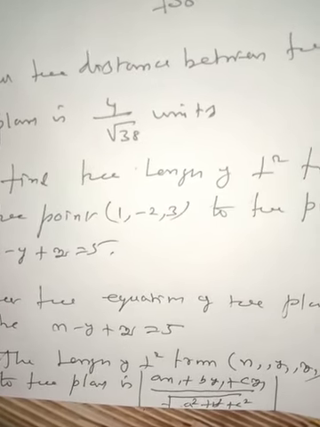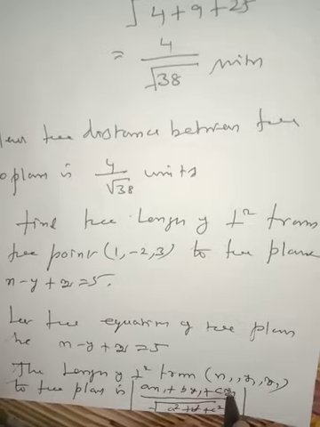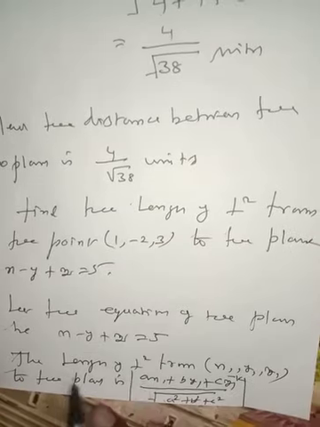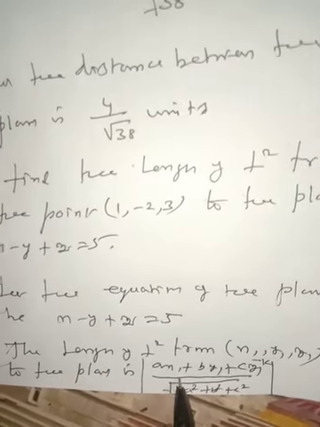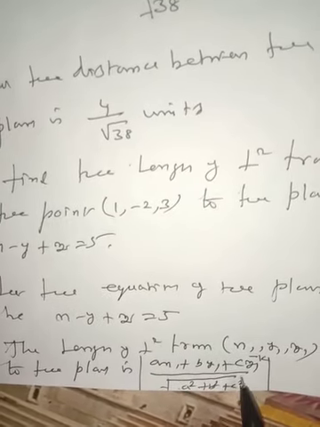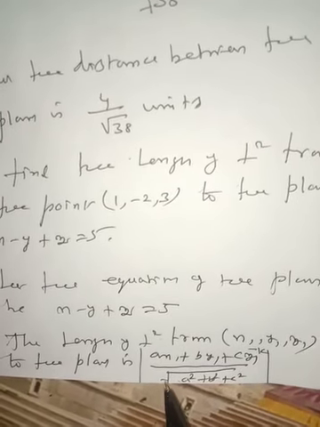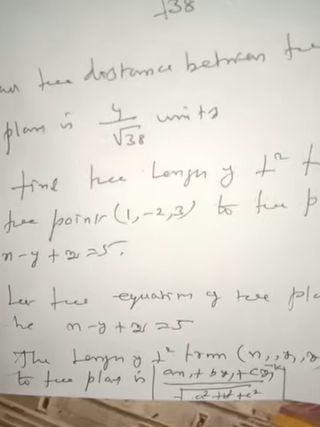Taking the modulus, the length of perpendicular from x1, y1, z1 to the plane is ax1 plus by1 plus cz1 minus k divided by square root of a square plus b square plus c square.